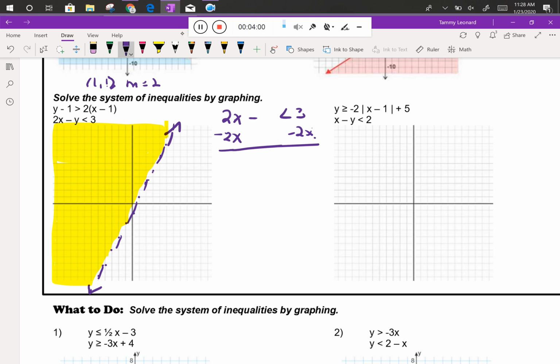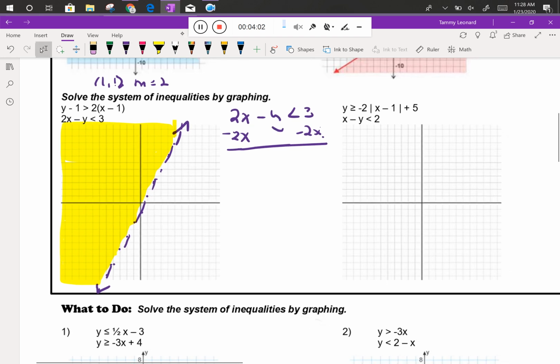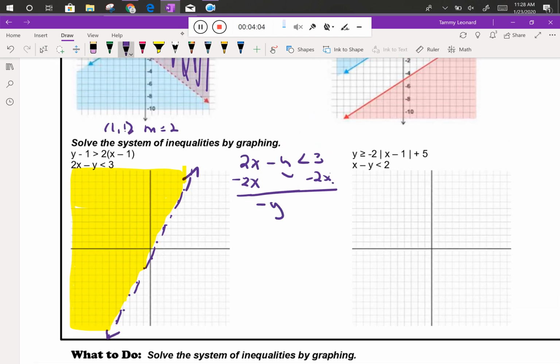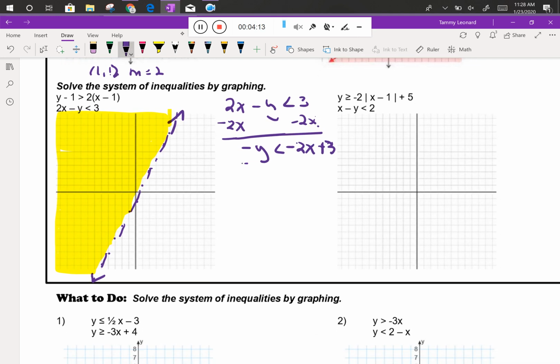Let's try to make that more clear. So we have negative y is less than negative 2x plus 3. We need to divide both sides by negative 1 to get the negative off the y, and we know from our previous work that that's going to flip the inequality.